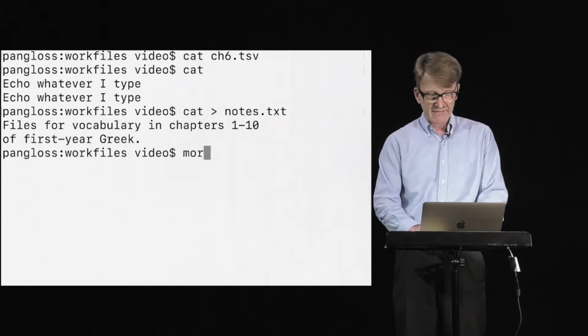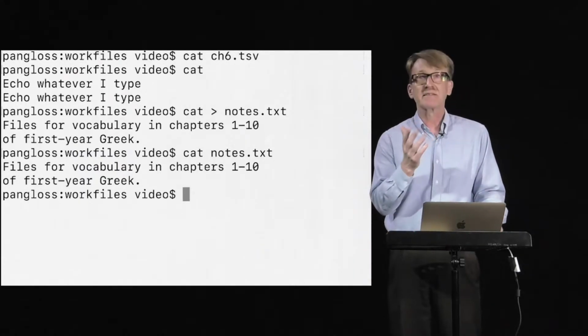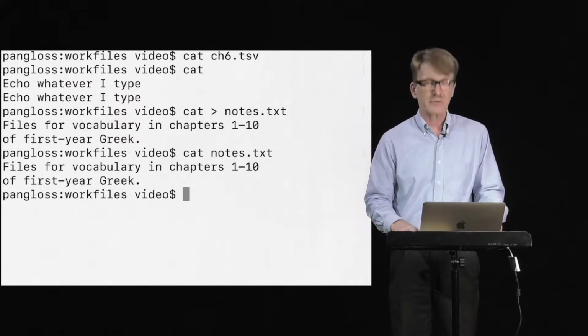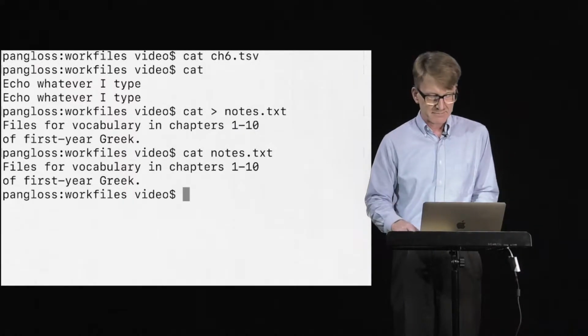Now I can actually use cat on that too, a new file called notes.txt, and its contents are exactly what I typed. Now that may seem like a kind of unnecessary feature for cat because, after all, I could have just opened a text editor and typed something into a file just as easily.